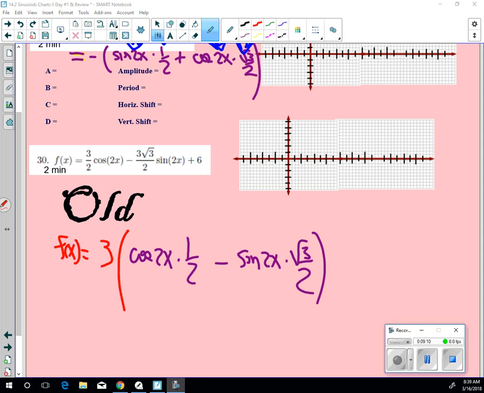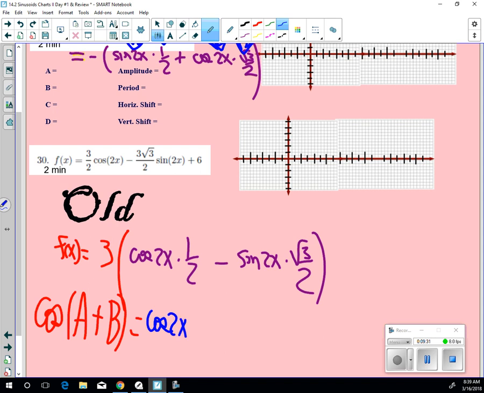This is going to be of the form cosine A plus B, because of this minus sign, it's going to be A plus B. So that is the cosine of 2x times the cosine of something minus the sine of 2x times the sine of something.